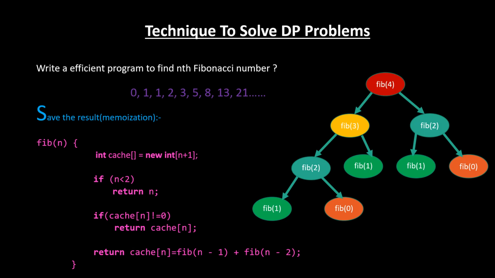This technique is known as top-down, guys, because it's a recursive approach. And here we always look first in the cache. So the cache will be populated on demand. If you want to calculate fib of 4, we will see if fib of 4 is in the cache or not. If it's there, we will return the result. If it's not there, we'll make a call to 3 and 2.